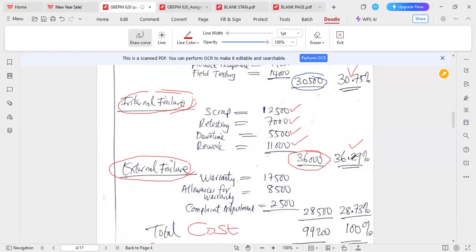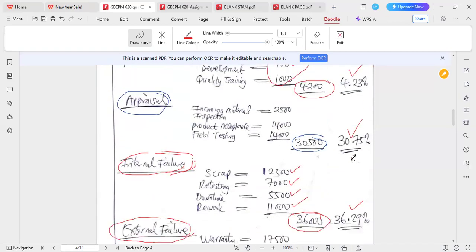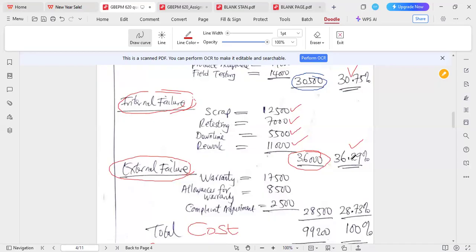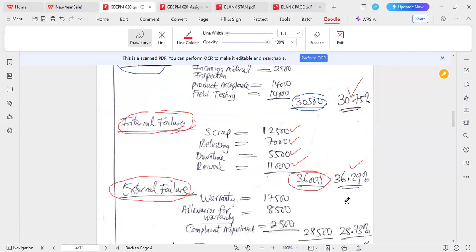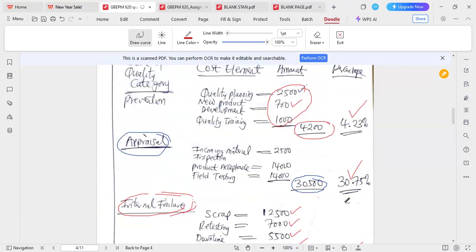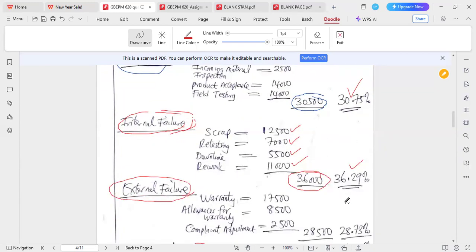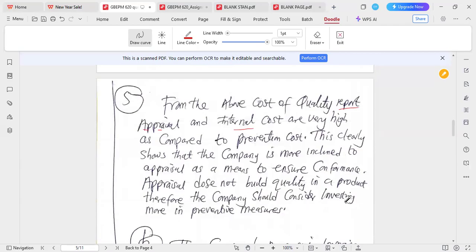Okay, so these two are very high as compared to the prevention cost. And this clearly shows that companies are more inclined to appraisal as a means to ensure conformance.